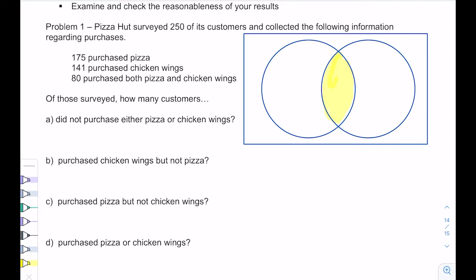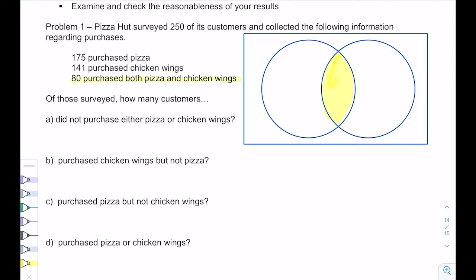So these questions seem very similar, but they're asking different things. And the first thing we should do is create our Venn diagram that represents the pizza and the chicken wings, and also the area that represents people that bought both. So right away, I'm going to highlight some things. One of the things that I notice here is that 80 people purchased both pizza and chicken wings.